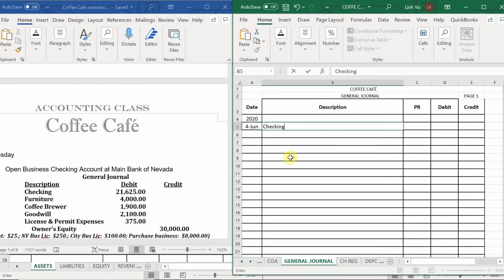Now, in your description, I'm going to let you do whatever you need to put in your journal, any means that helps you understand what is going on. I put checking. That's fine, but usually the journal should be meant for just your exact account name.